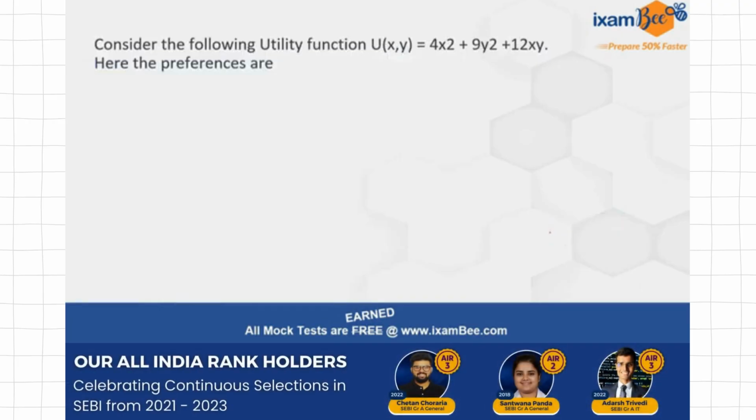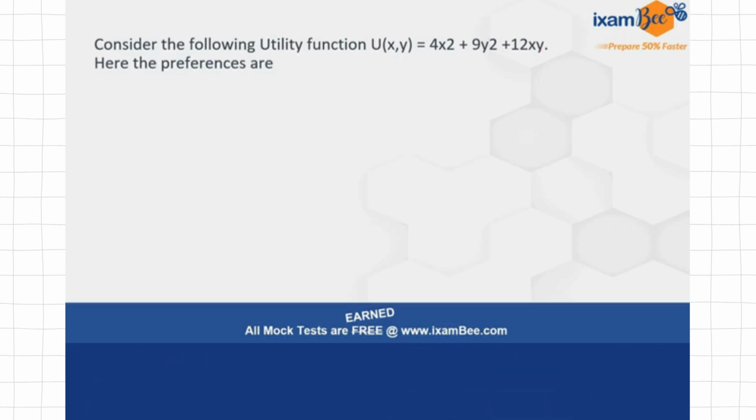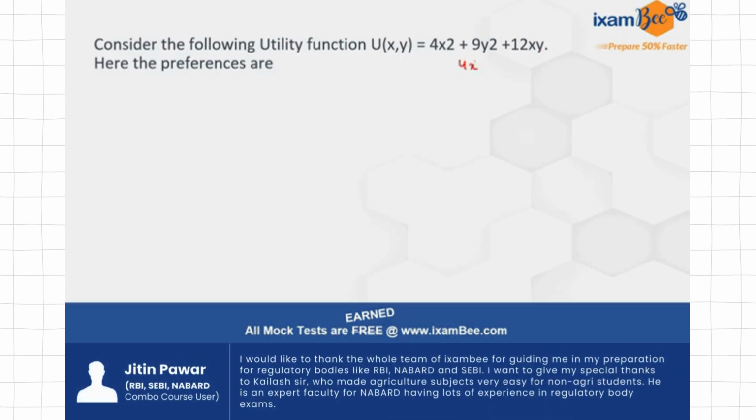The question is: consider this particular utility function given by 4x square plus 9y square plus 12xy. For this kind of utility function, you have to tell what kind of preferences these are.